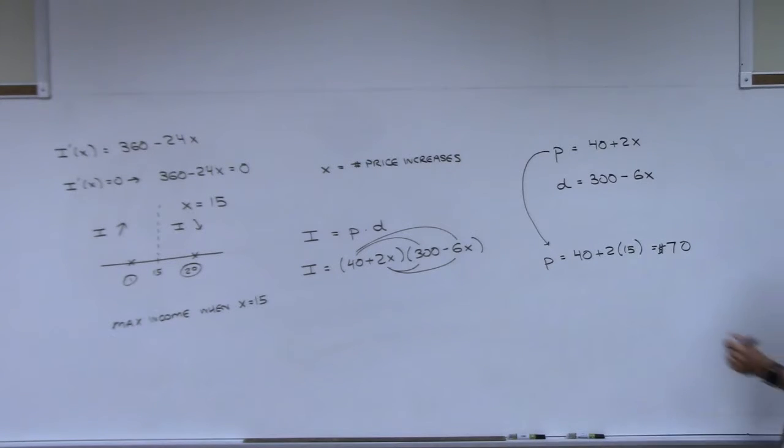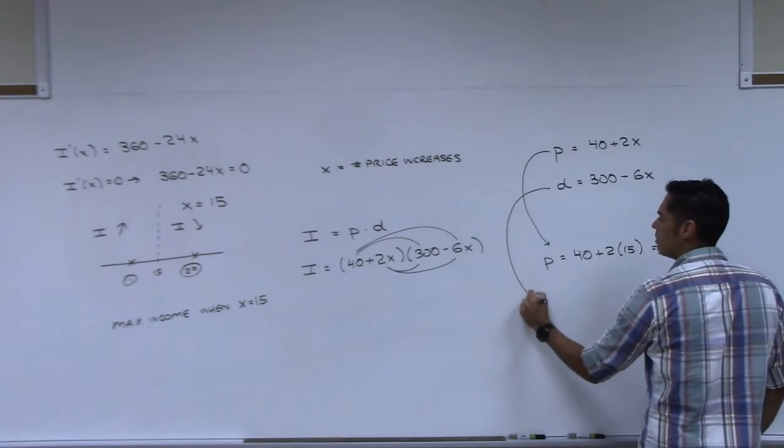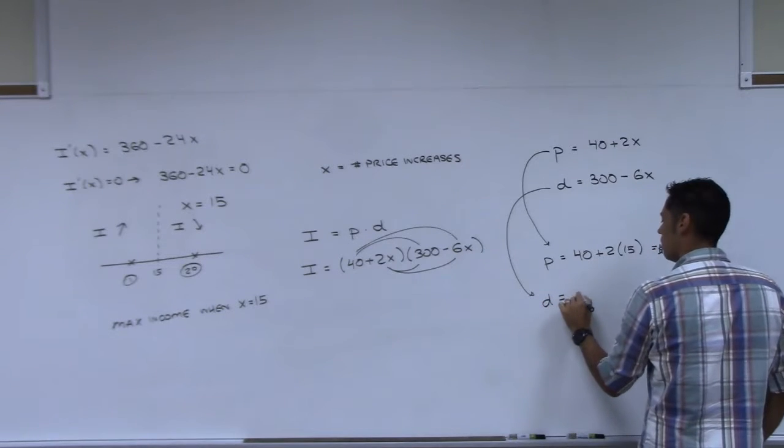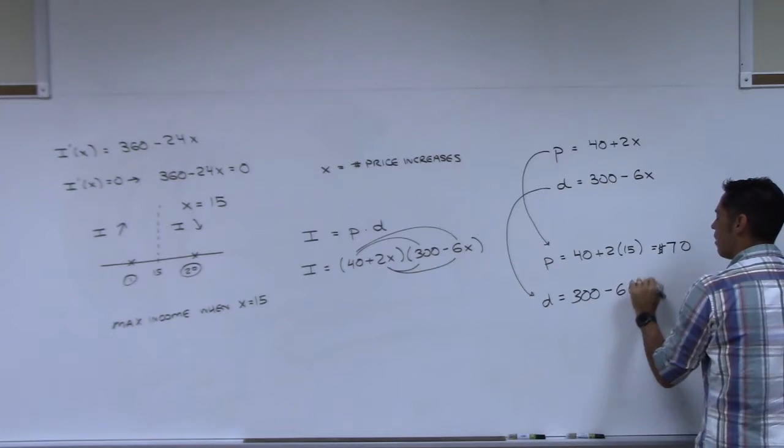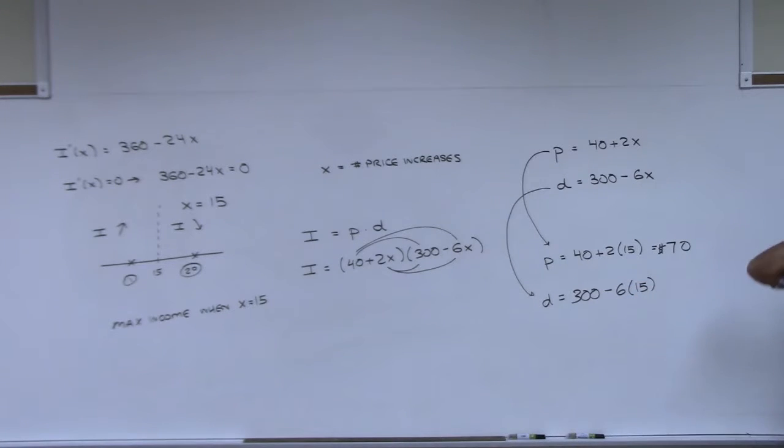Now, just for the sake of doing it, what's our demand at 70? We get 300 minus 6 times 15 again, right? Now, I noticed when I walked around, some students had problems with this. With your demand here, your x is 15 again. You don't take this answer 70 and plug it in here. It's 15.